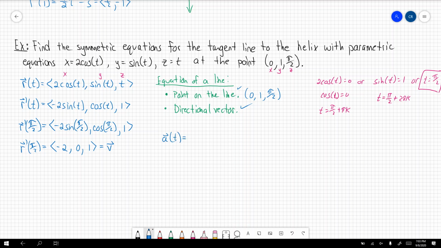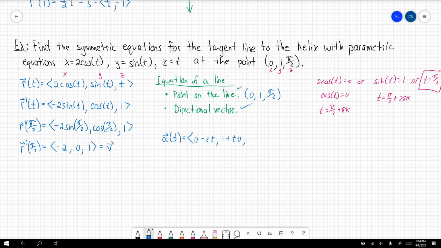Vector a of t. We're going to do this component by component. The x component is going to be the component of the point on the line, which is 0, plus t times the directional vector, so that's going to be minus 2t. Again, the y component of the position vector of the point on the line, plus t times, in this case, 0.